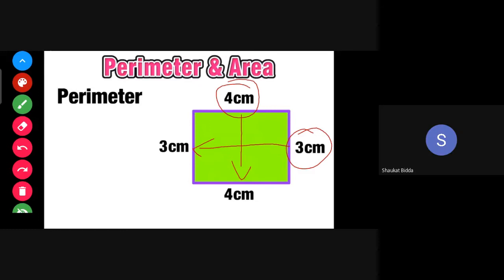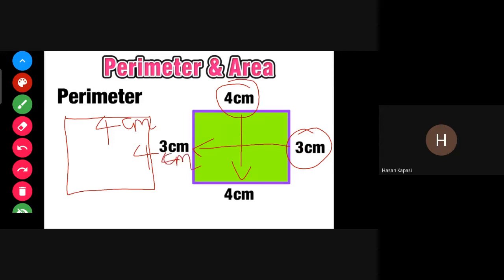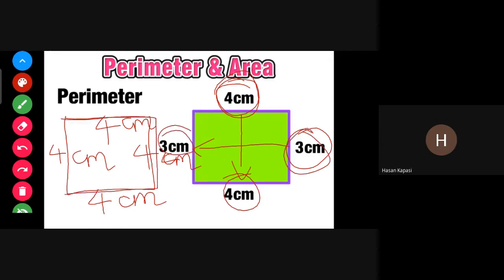Because ma'am, this is square. No, this is rectangle. Square means all the sides 4, 4, 4, 4. This is rectangle. So one side, upside centimeter is same, so downside is also the same. Yes, in rectangle upside and downside are same, and right and left are same, and in square all 4 are same.